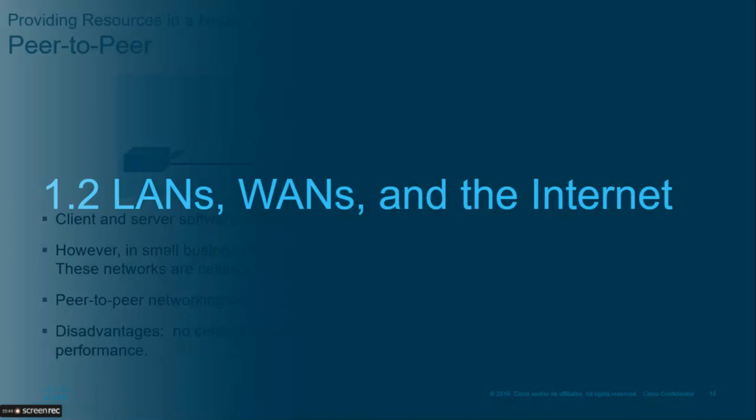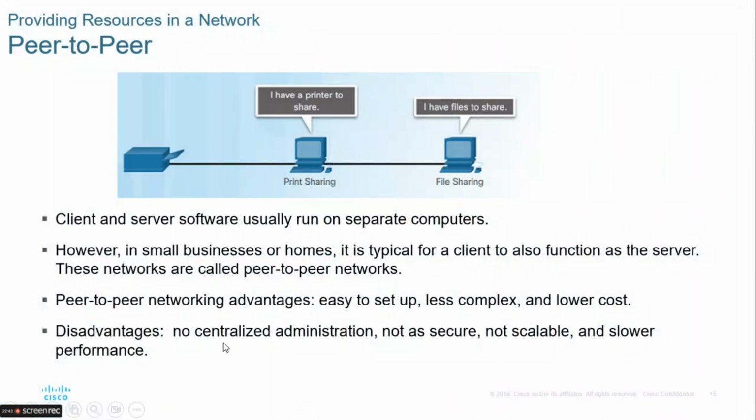That is it. There is a disadvantage here. There is no centralized administration. Not as secure, not scalable, slower performance. This means there is no dedicated administration for this kind of layout. Also, it is not secure because if this link is terminated or has a hitch, then the entire network is down. Not scalable. It is difficult to expand this kind of architecture.